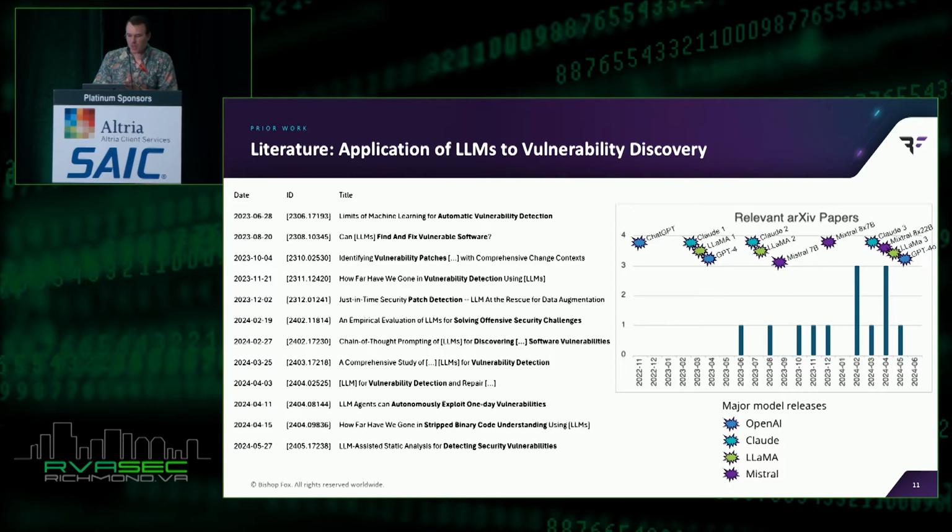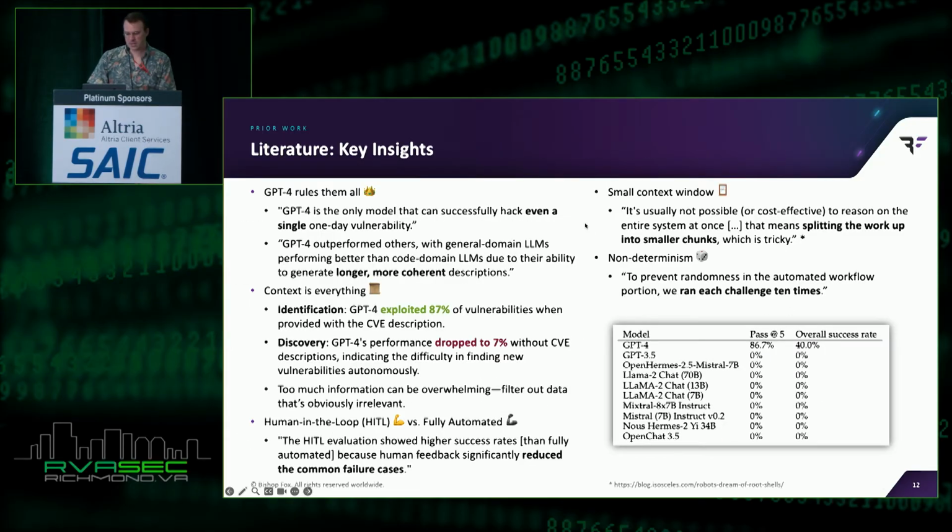And I included the IDs of these papers, so you can look them up and read them if you want to, but I'm going to spoil it for you right now and summarize some of the key insights. First of all, GPT-4 just rules them all. You'll see several papers where they were trying to do one-day or n-day analysis, and they'll say, yeah, GPT-4 was the only one that could hack even a single vulnerability.